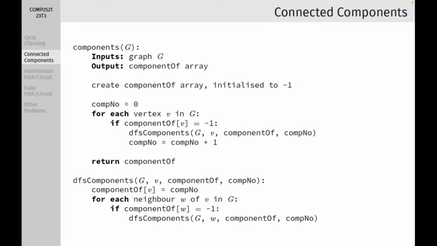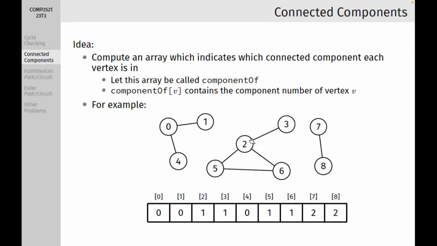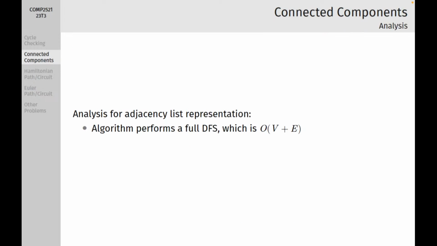Going back to this graph, suppose we remove this edge between 2 and 3. If we remove that edge, then that creates a new component. So first of all, we'd have to check whether there is still a path between them. And if there isn't, then we're going to have to update our array to give the vertices in the new component a new number.